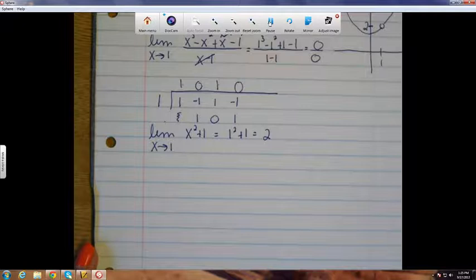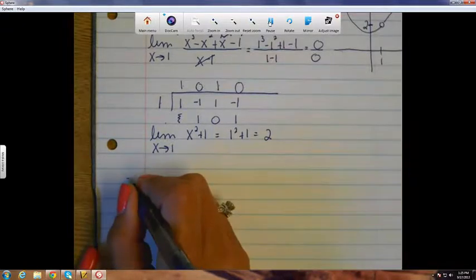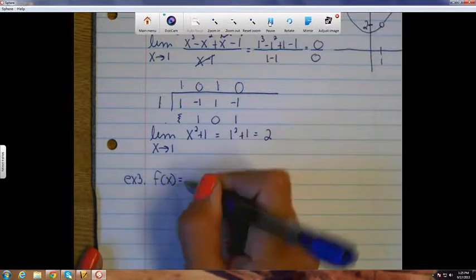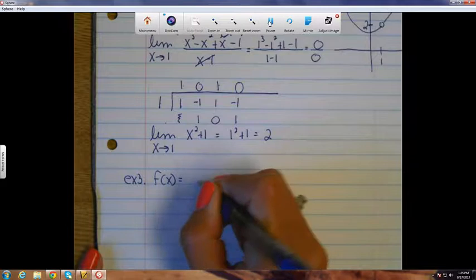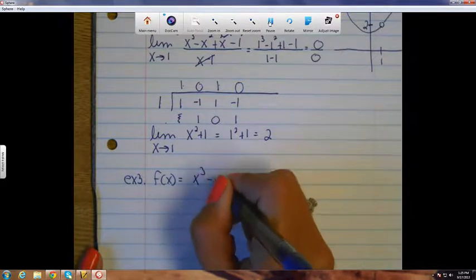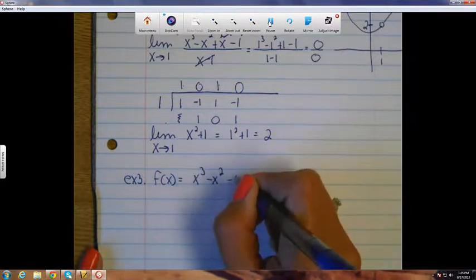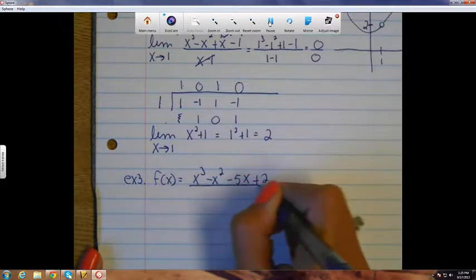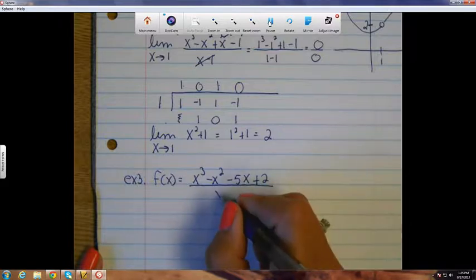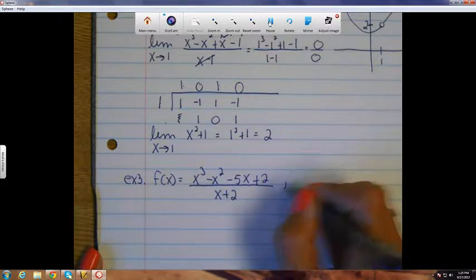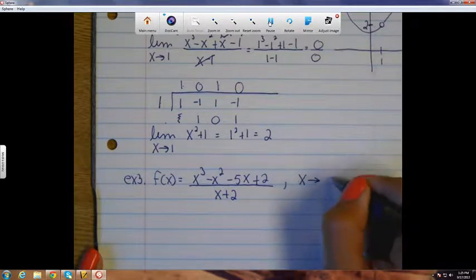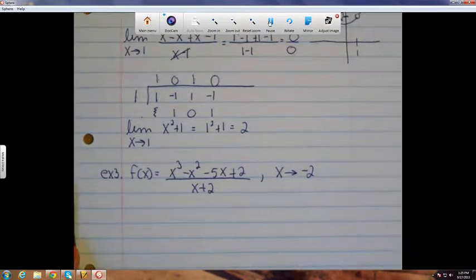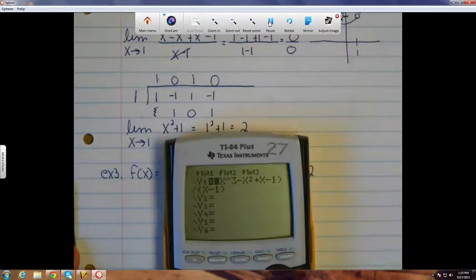Let's try one more, actually 2 more. F of x equals x cubed minus x squared minus 5x plus 2, divided by x plus 2. And we are going to approach negative 2 and find that limit algebraically. Plot the graph first. Clear all that out.